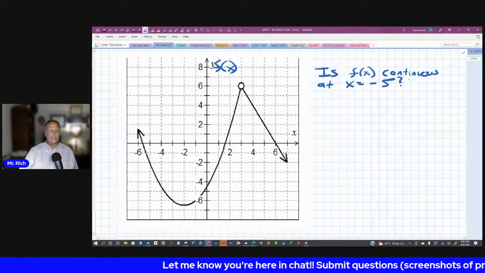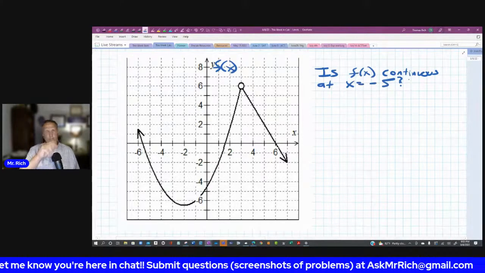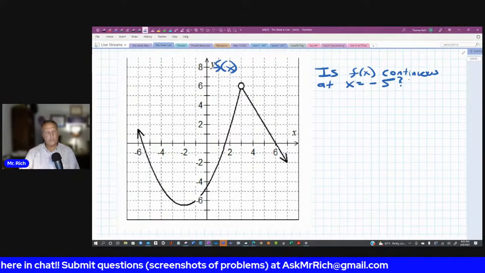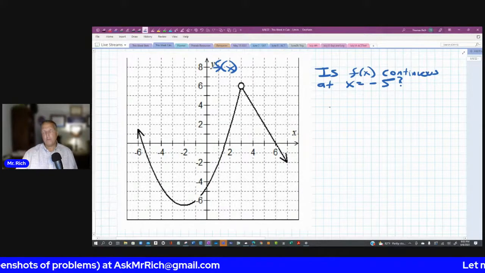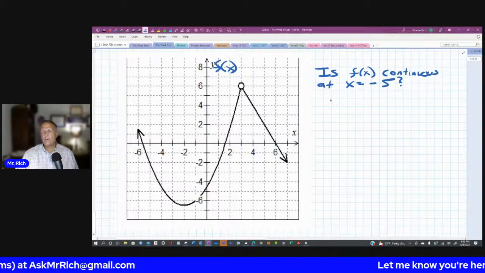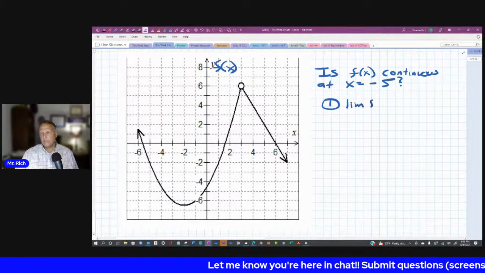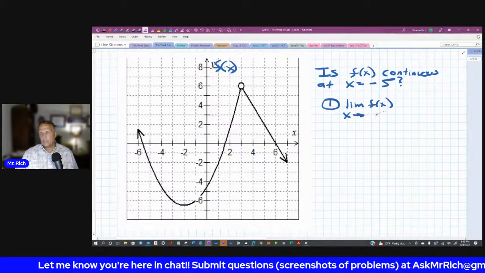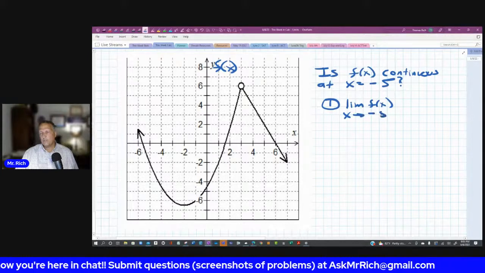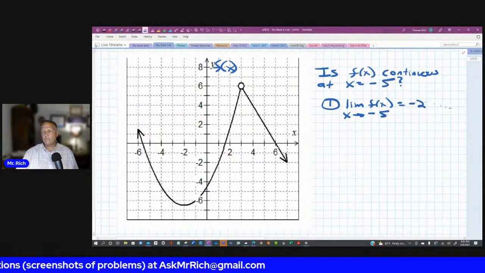You could say, yeah, sure, looks like it is because I can see that the function is smooth and continues right on through at x equals -5. But I'm going to apply this three-part definition. So number one, the limit of this function f of x as x approaches -5 is equal to -2.